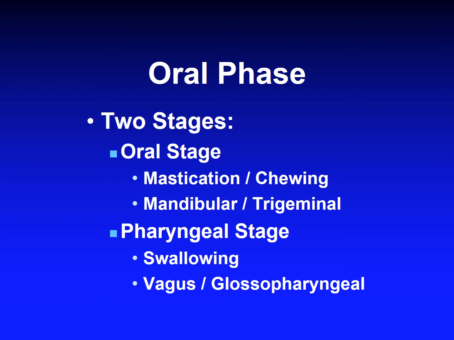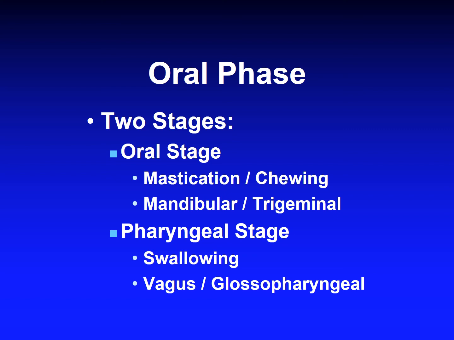In the oral cavity, there are two motility patterns, done in two stages. The first stage is the oral stage, and the second stage is the pharyngeal stage.